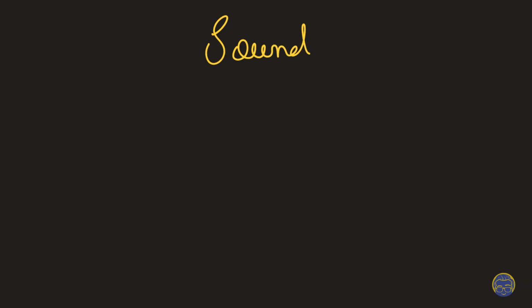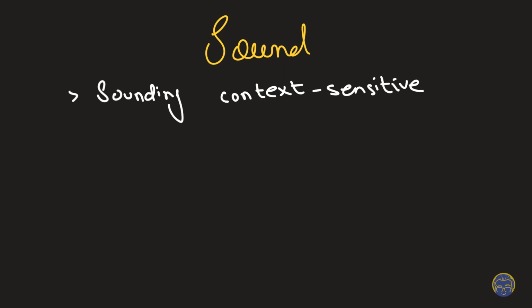So the next topic we'll move on to is sound. Sound is a key requirement for most software. Sound will be used for sounding context sensitive warnings, so basically the sounds that you hear on your phone or on your computer that are alerting you for something.